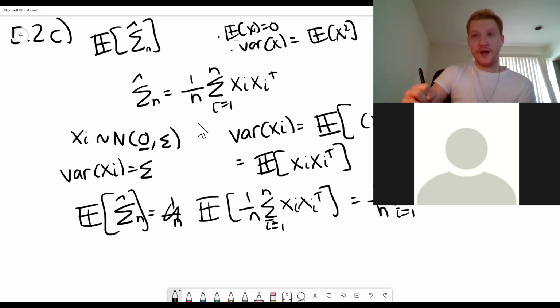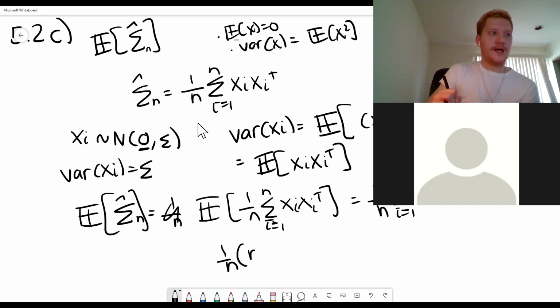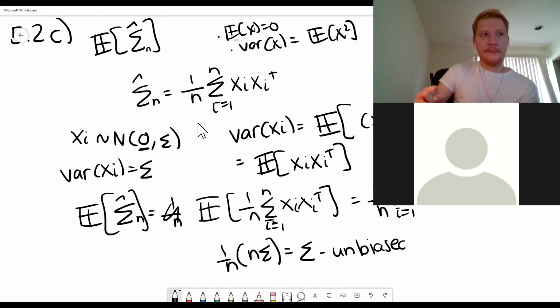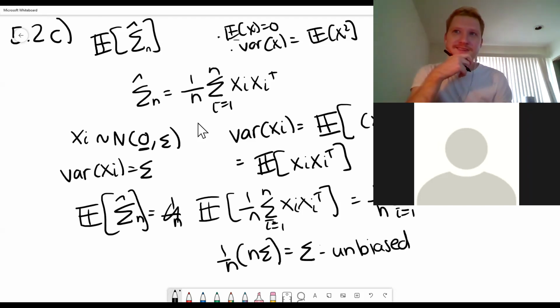And then we just said the expected value of xi xi transpose is sigma, right? So this ends up equaling 1 over n times n sigma, which is equal to sigma, which is a way to say this is unbiased. Does that make sense? So it's an unbiased estimator.